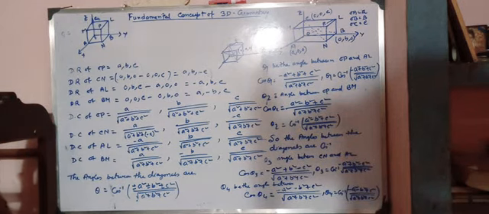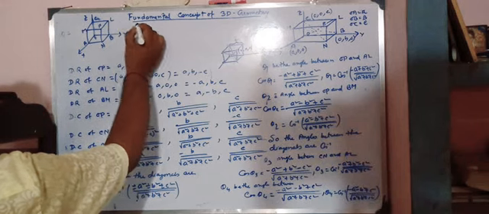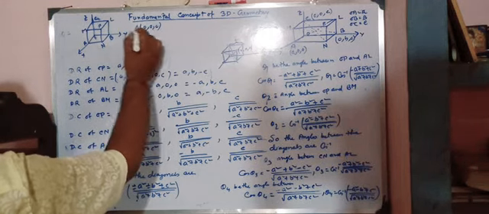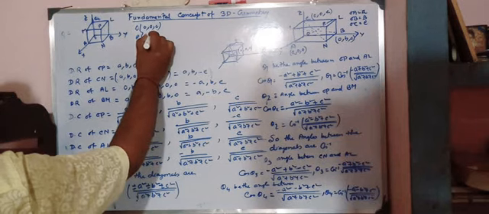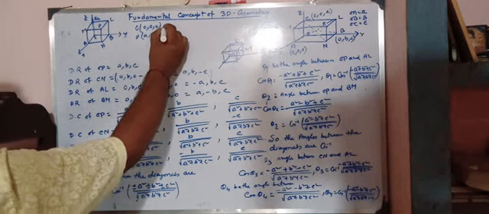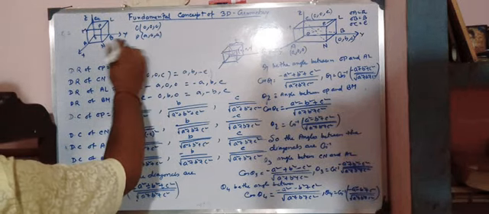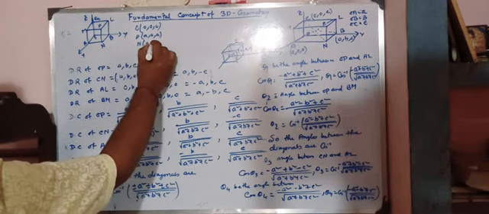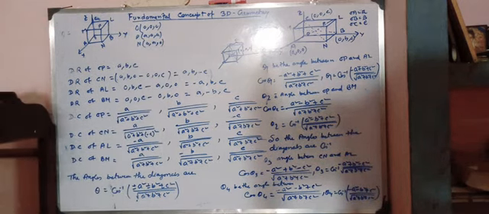Obviously for this question, the coordinate of O is 0, 0, 0. Coordinate of P is A, A, A, since it is a cube. Coordinate of N should be A, A, 0.